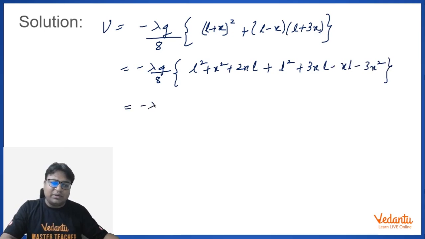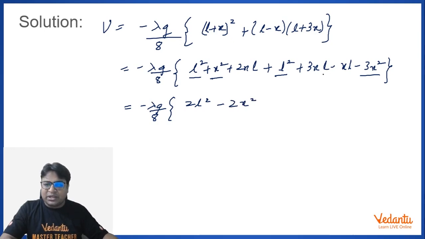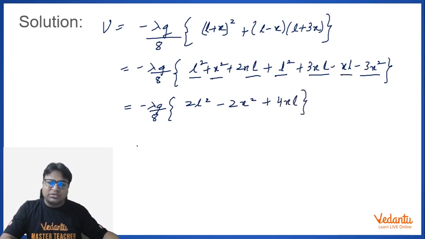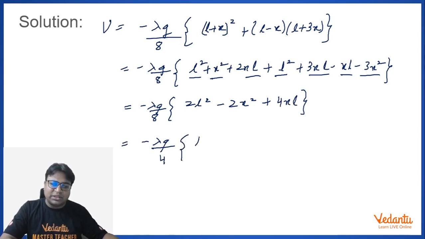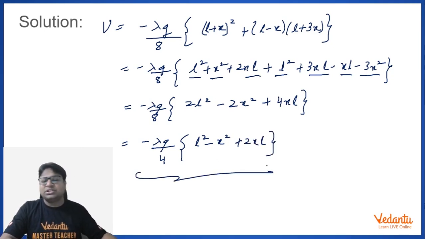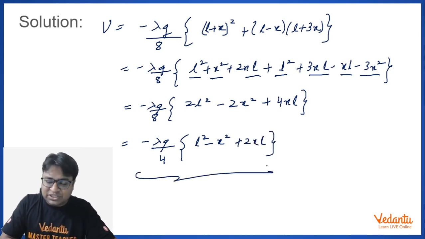So we will end up getting lambda g by 8, and then we have L square and L square is 2L square, x square and minus 3x square is minus 2x square, and then we will have 5 minus 1, so 4xL. So we can pull out 2 as the common quantity, so minus lambda g by 4, and then we have L square minus x square plus 2xL. So that becomes the gravitational potential energy of the chain as a function of x.